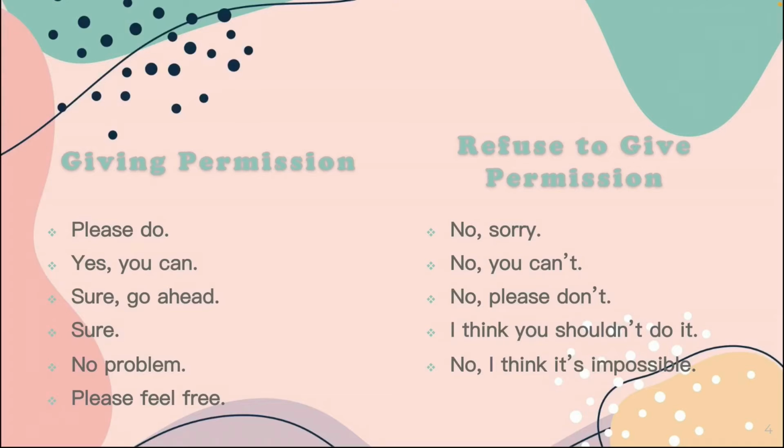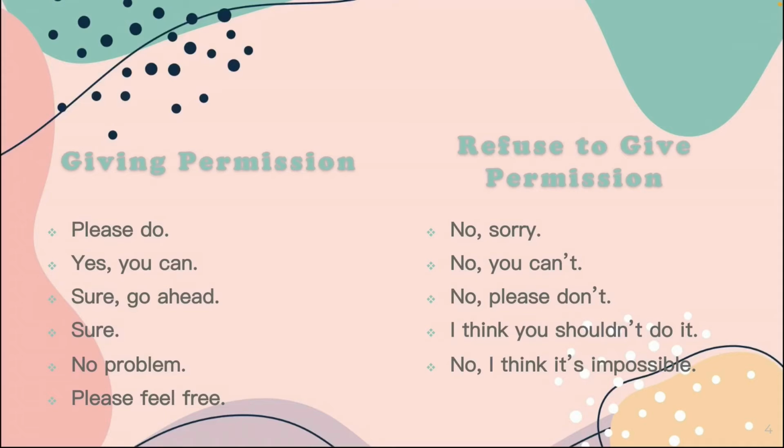Okay, for the next slide, we have how to respond to permission. In how to respond, we have giving and refusing permission. To give permission, you can use expressions like: please do, yes you can, sure, go ahead, sure, no problem, or please feel free.